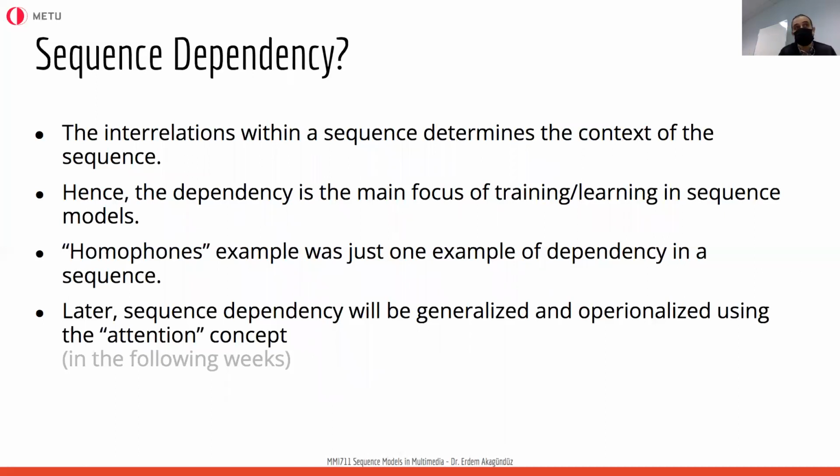Homophones were an example of a dependency in a sentence. To understand what the real word was in the set of homophones, you use the dependency in the sequence. Then, just like I said, in the following weeks, this dependency concept will be generalized to the concept of attention.